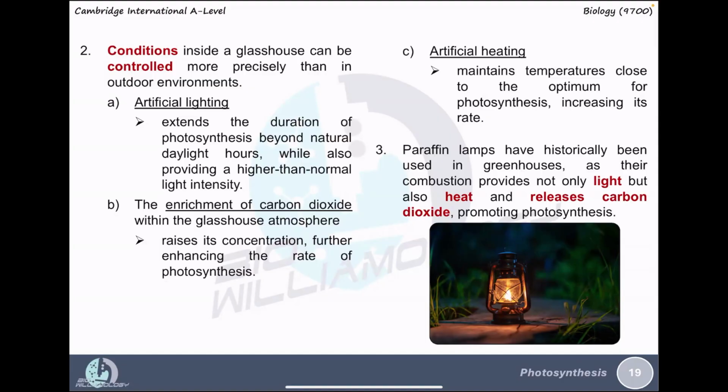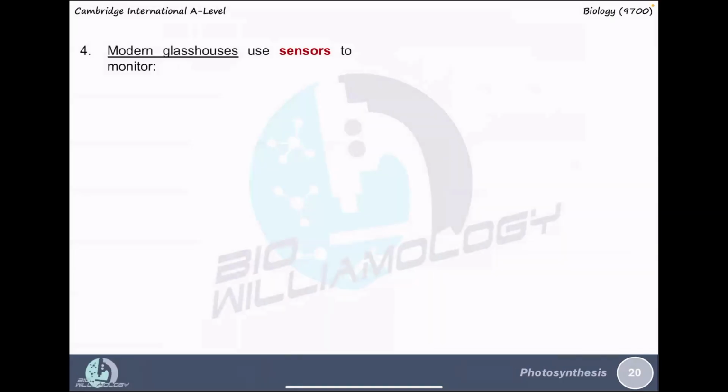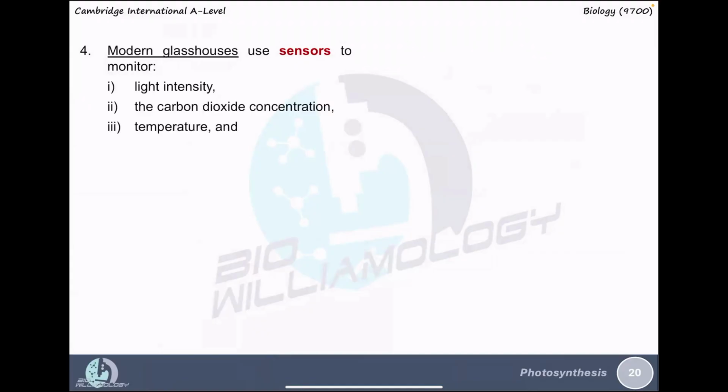And with high values of these three parameters, definitely photosynthesis is promoted. And nowadays, modern glass houses use sensors to monitor the light intensity, the carbon dioxide concentration, temperature, as well as the atmospheric humidity inside the glass houses.